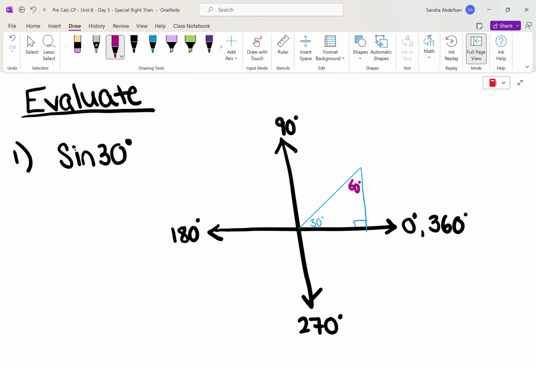So now that I have a 30, 60, 90 triangle, I know across from the 30 is 1, across from the 60 will be root 3, and across from the 90 is what? 2. So now I'm bringing it back to SOHCAHTOA.